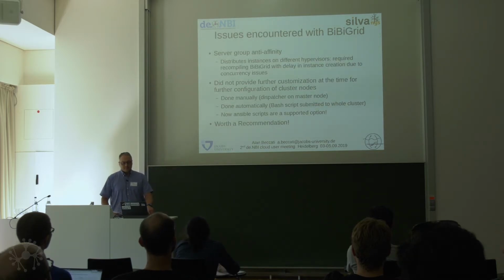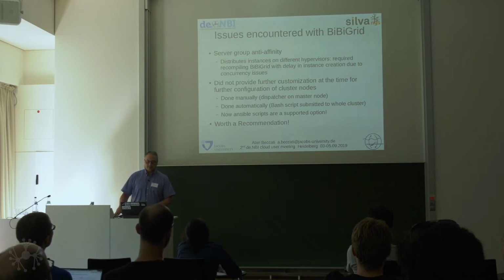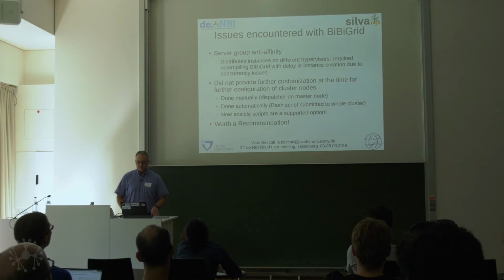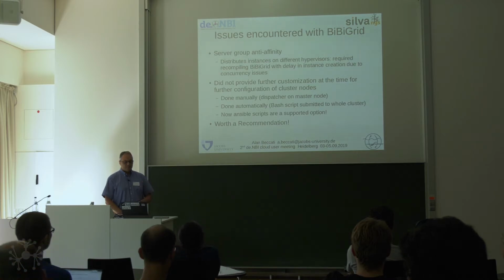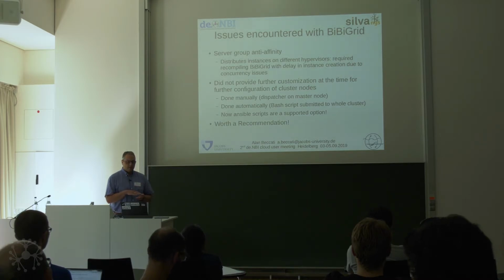Okay, so actually no tool is perfect. bbgrid is a very good one, but we had some difficulties using it when using advanced topics for the cloud configuration, like server groups. The anti-affinity server group, for example, allows you to distribute your instances on different hypervisors, to optimize the computing power available to your system.